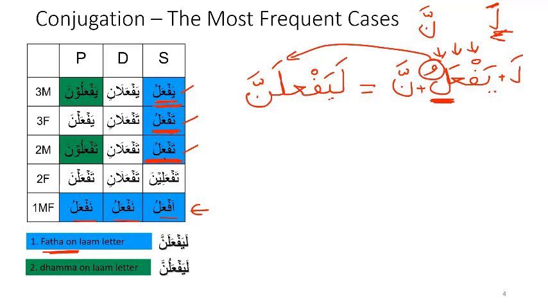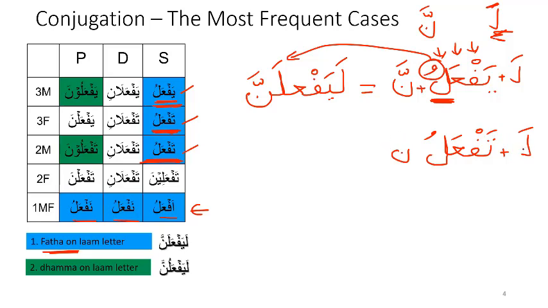Okay, so how do we make this into emphasis? So we have taf'alu. What will I add in the beginning? There'll be a lam, and then there'll be a noon shadda at the end.